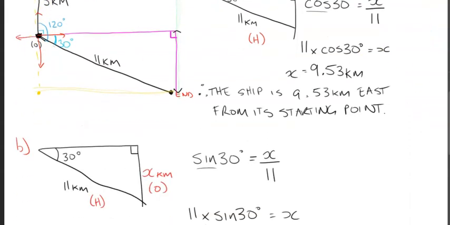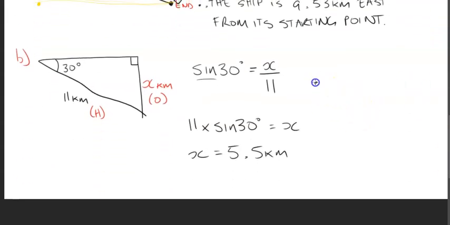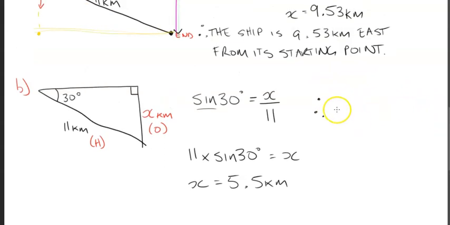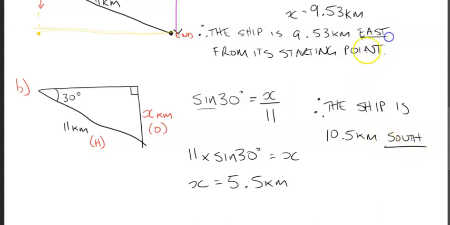So therefore, the ship is, and 5.5 plus 5 is 10.5. So the ship is 10.5 kilometers south. It was east and south from its starting point.